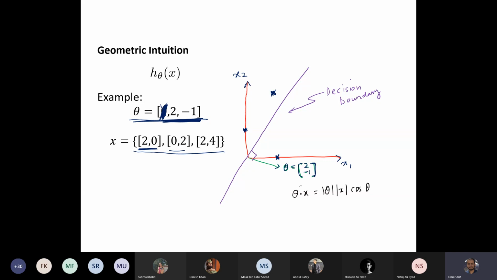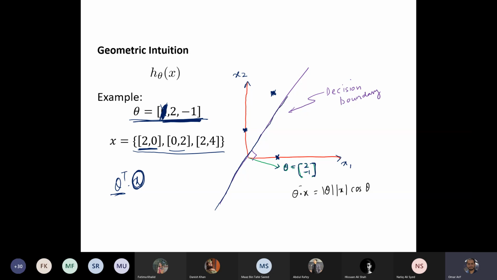So where will the decision boundary lie? कि decision boundary का मतलब ये है कि when theta transpose x, so at what x will my theta transpose x be 0? At a line which is perpendicular to theta. So this is the line that I have drawn, which is perpendicular to theta.